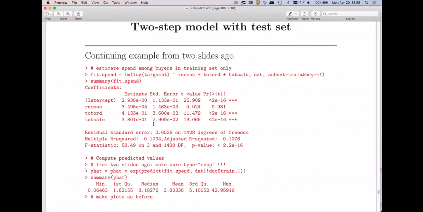So how would you do this in R? Well, let's go fit our conditional demand model. So here's the conditional demand model. I call it fit.spend. We're going to use an lm now, and I'm going to regress the log of the target amount variable on RFM, but I'm only going to use cases that are both in my training set and where the person bought.